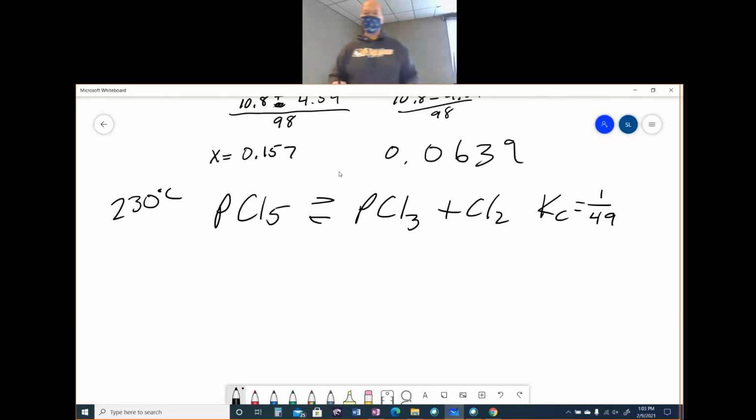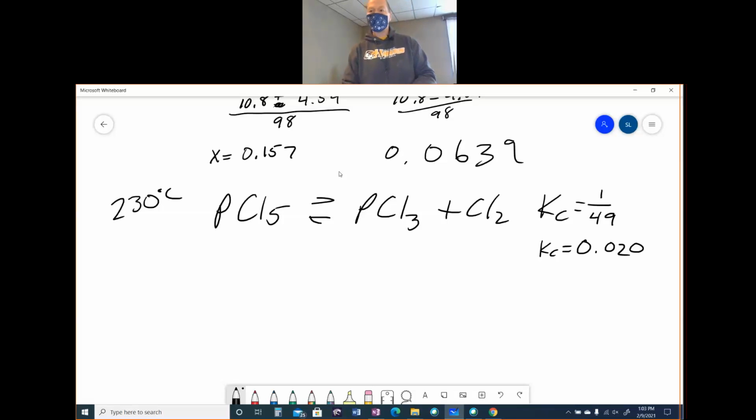All right, and so you might like this because the K value is small. People like small K values. If they want to do successive approximations, you have to have a small K value. So if the forward reaction is a large K value, the reverse reaction, when you reverse it, is going to have a very small K value. All right, so this one is 0.020.